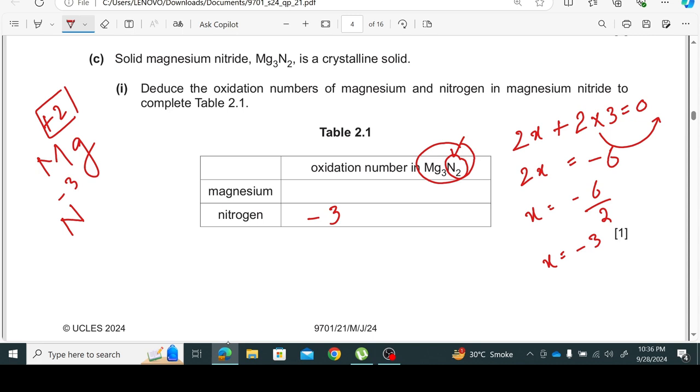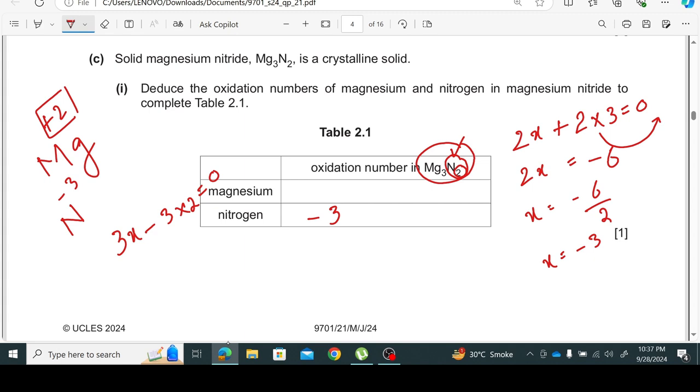Now we are going to find the charge on the magnesium, and we have 3 magnesiums, so you will write 3x. 3x means there are 3 magnesiums, minus 1 nitrogen charge is 3, so we have 2 nitrogens, so I will multiply with 2, equal to 0 because the overall molecule is a neutral molecule.